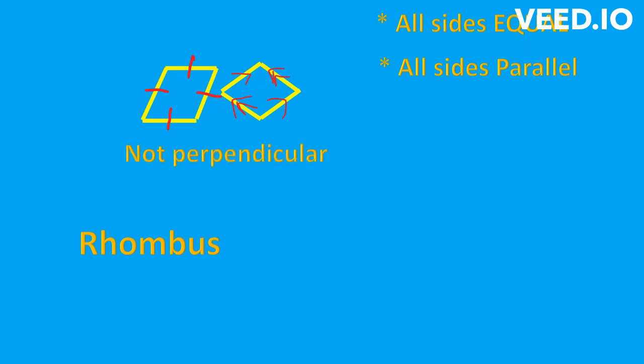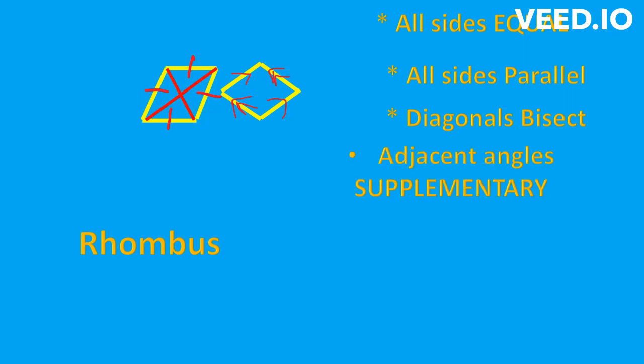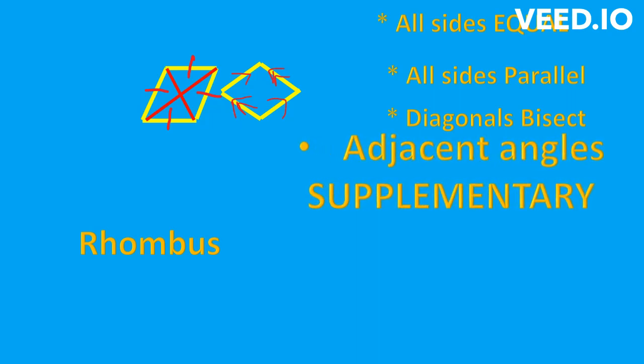And also they are not perpendicular to each other as in square. That's the difference. The diagonals bisect each other. The adjacent angles are also supplementary here.